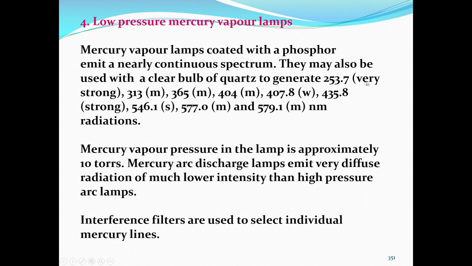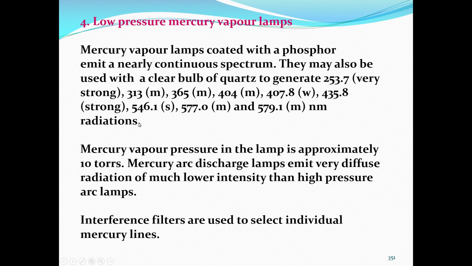For example, 253.7 is very strong, 313 is medium, 365 and 404 are medium strength, and 407 is fairly weak, but 435.8 is a strong radiation. It also gives you another 3 radiations, that is 546, 577, 579.1 nanometers.